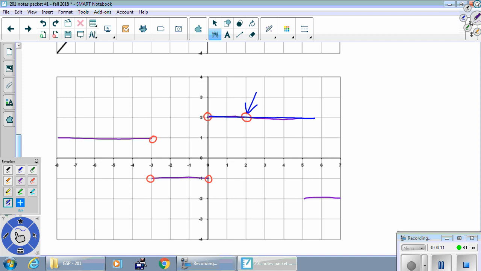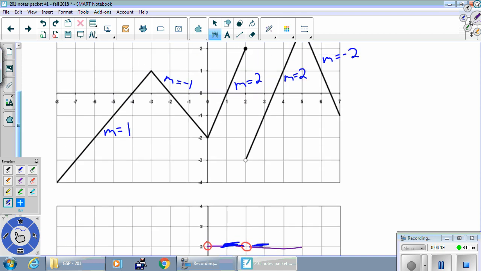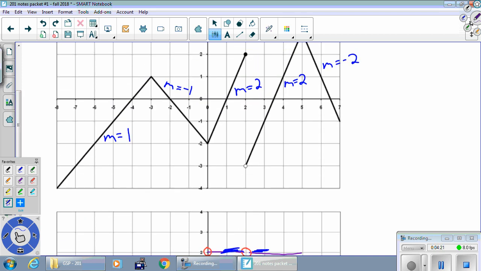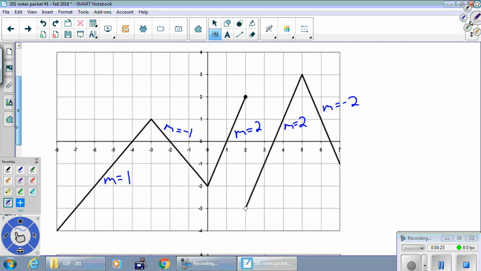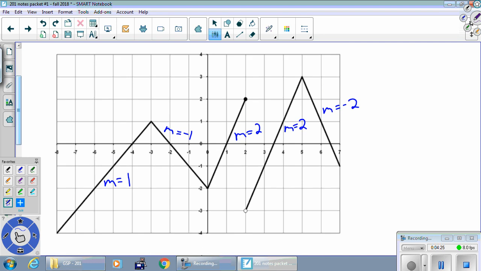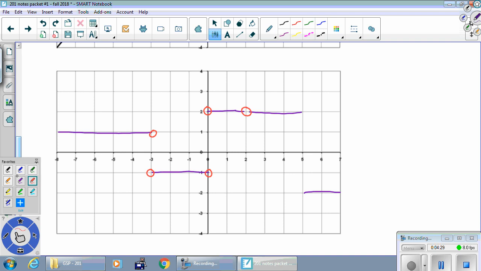The derivative does not exist there, even if the derivative is 2 to the left of that point and 2 to the right of that point. It's no good because the function is discontinuous. The derivative does not exist. And the last thing is at x equals 5. There's a corner, so the derivative doesn't exist at x equals 5. So we got 2 holes there.